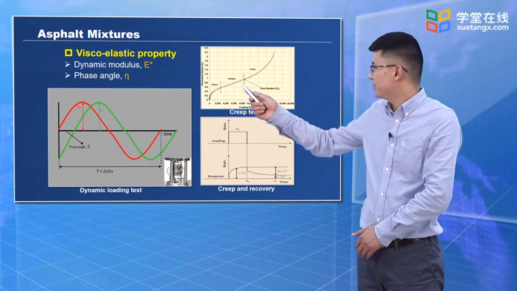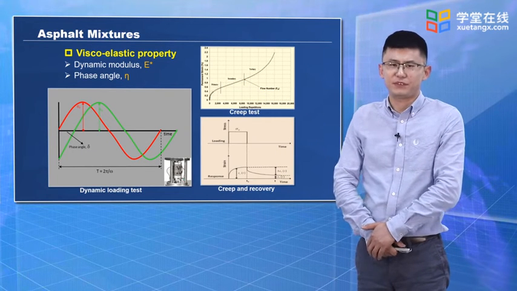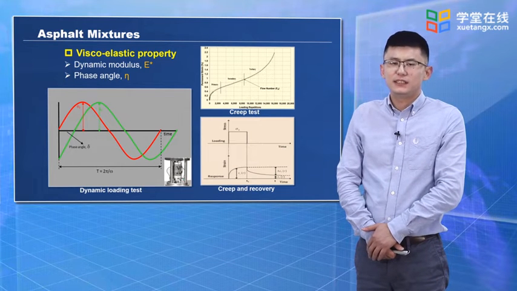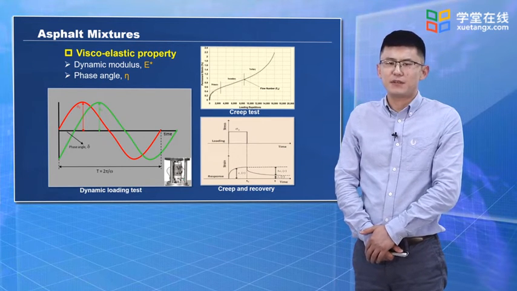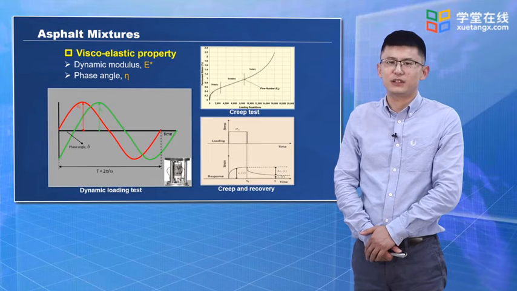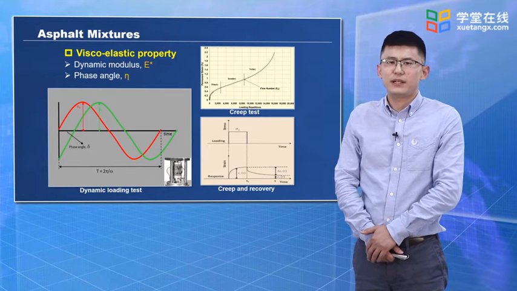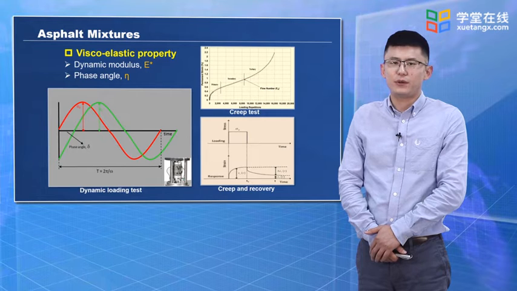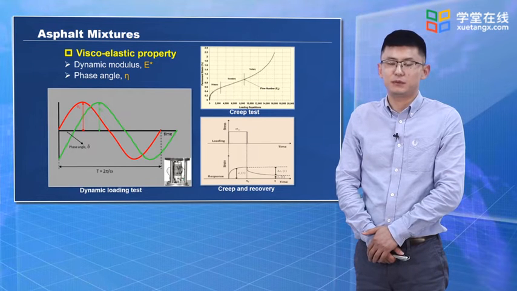Generally, this picture can show this. For example, on the left, if the asphalt mixture is subjected to dynamic and cyclic loading, we can see the red line, which is the stress response curve, and the green line, which is the strain response curve.